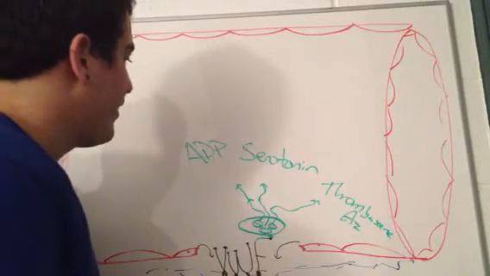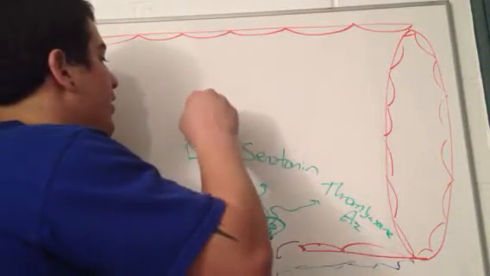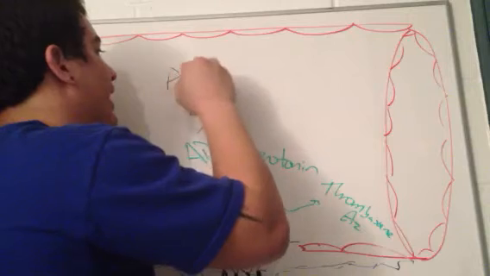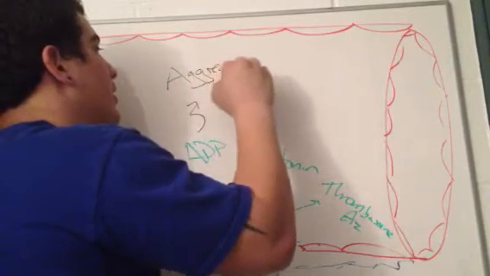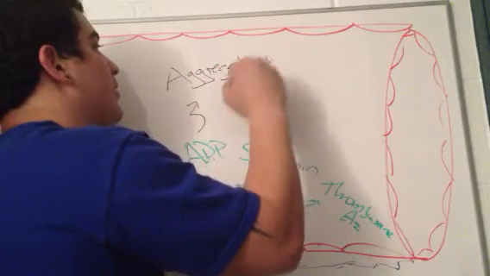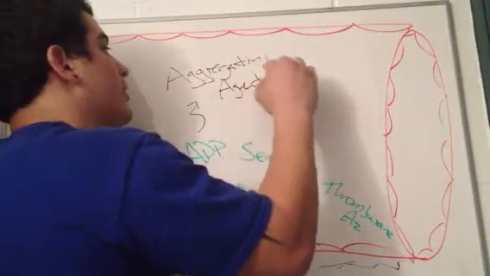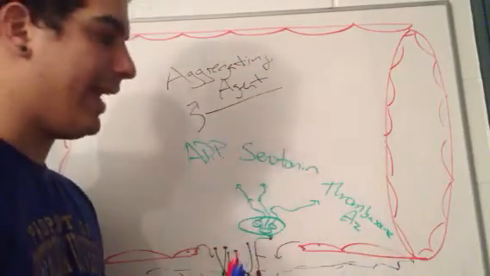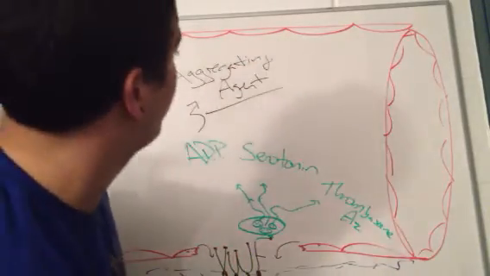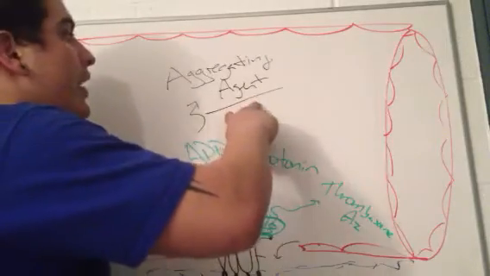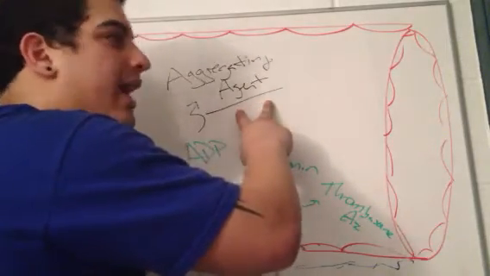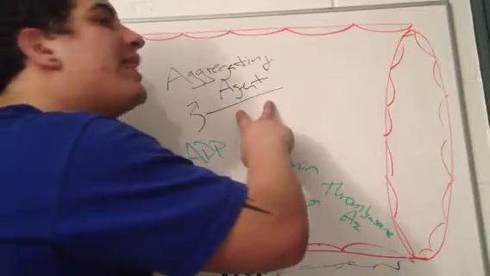Well, adenosine diphosphate is a potent aggregating agent. What does that mean? To make it as simple as possible, it acts as a chemotactic agent.